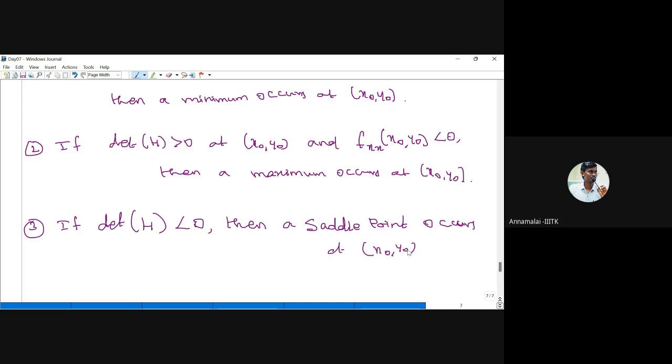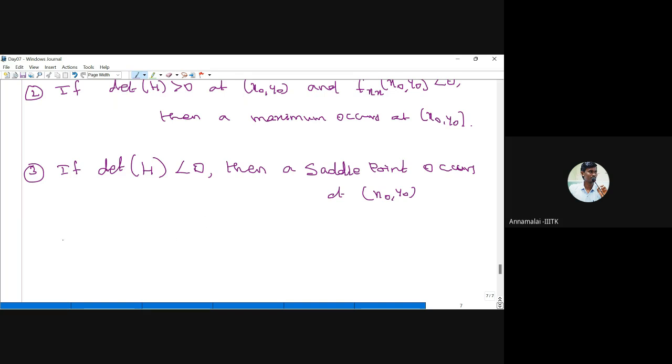Now, suppose the determinant is 0. So the next one is, suppose the determinant of H is 0, then the test is inconclusive. That is, we cannot say the nature of the critical point x naught y naught. The test is inconclusive. We cannot conclude anything.